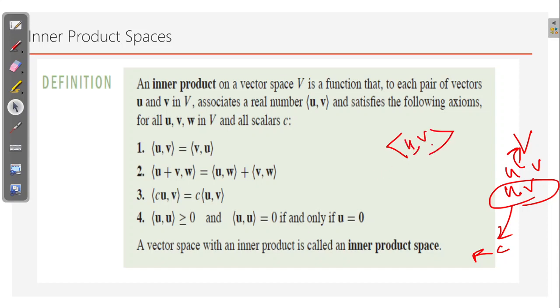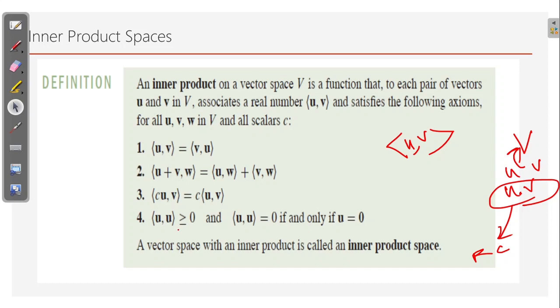And if it satisfies the following axioms, that is inner product of u, v equals inner product of v, u, and inner product of u plus v comma w equals inner product of u comma w plus inner product of v comma w, and the rest of the axioms, a total of 4 axioms.